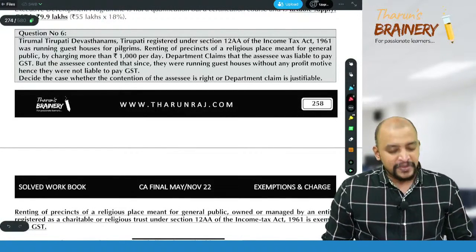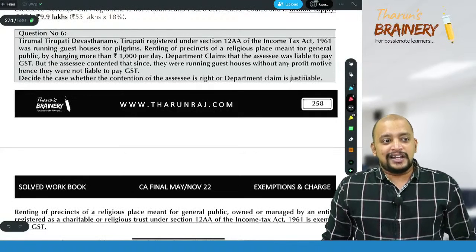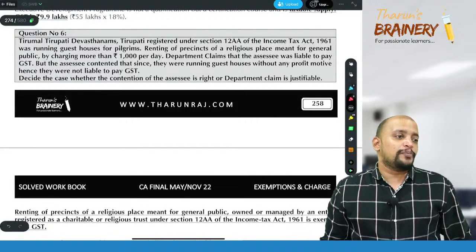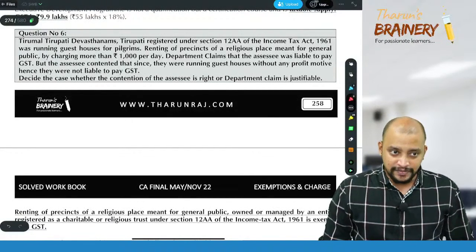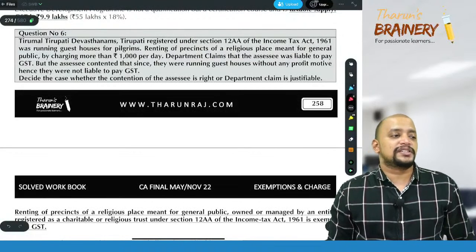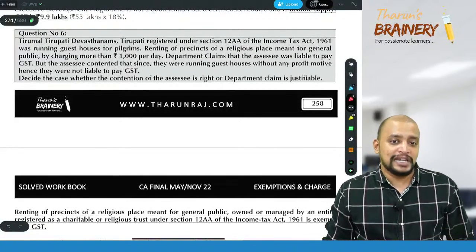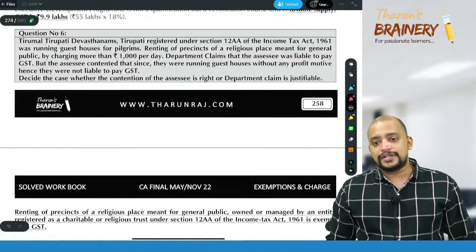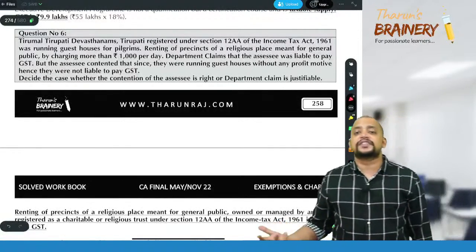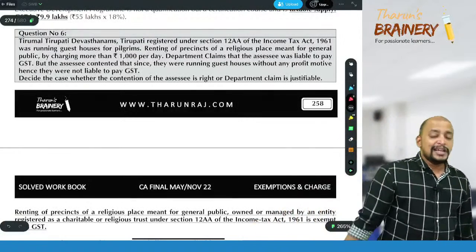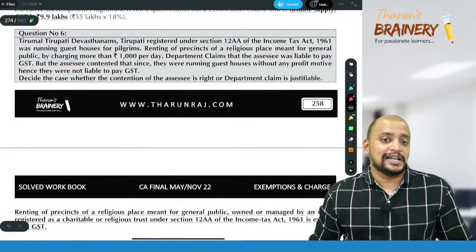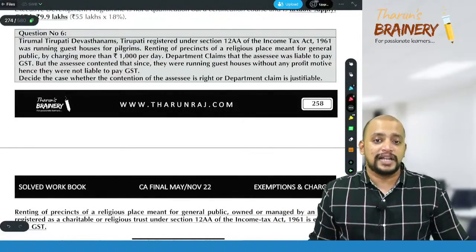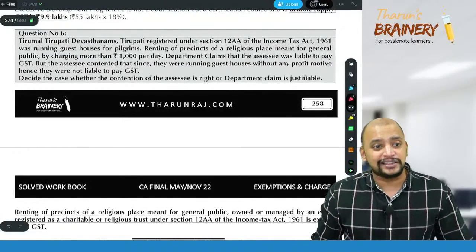First of all, whether they are doing it for a profit motive or non-profit motive, it will come under business. Any person engaged in business will be coming under Supply 7(1)(a). And for a charitable trust, renting of precincts of a religious place meant for general public, registered as a charitable trust, is exempted if the rent per day is less than 1,000.